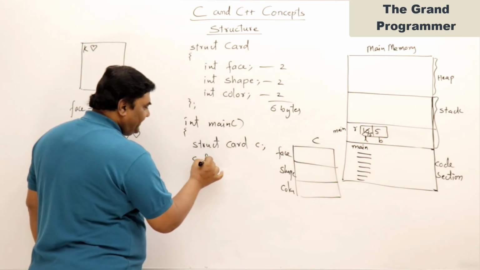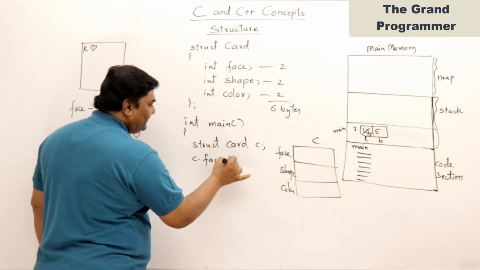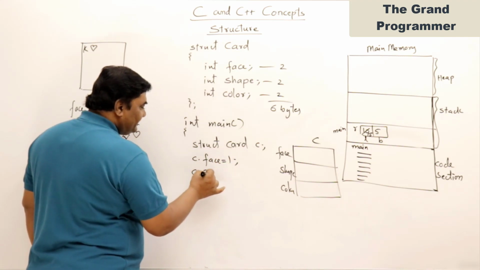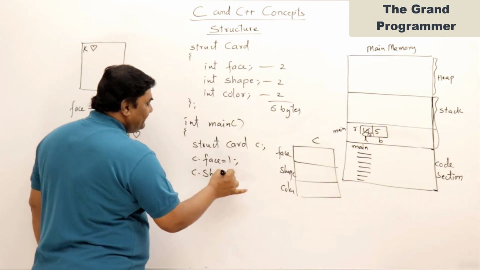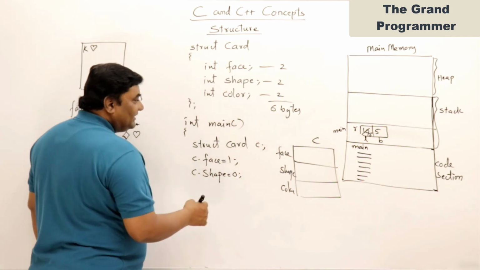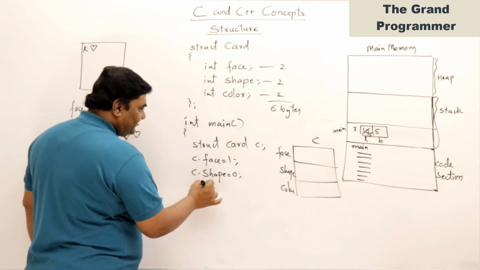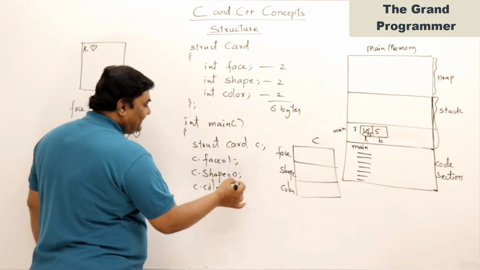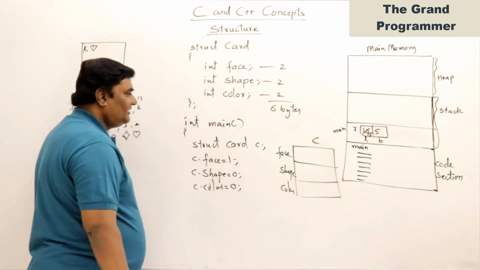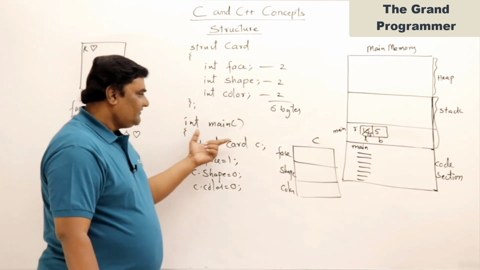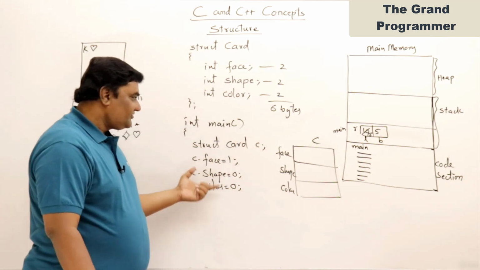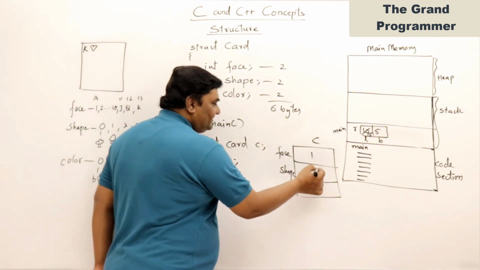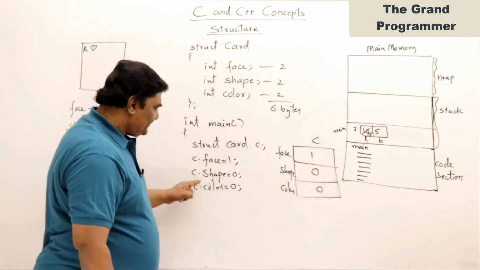I can say C dot face assign ace, so for that I will write 1. C dot shape, the shape is suppose 0, so this is for club or clover. Now C dot color, this is black color definitely, so this is 0. So this is how I can create a variable of type structure and initialize its members. So this will be 1 0 0. You can see that I am using the dot operator.